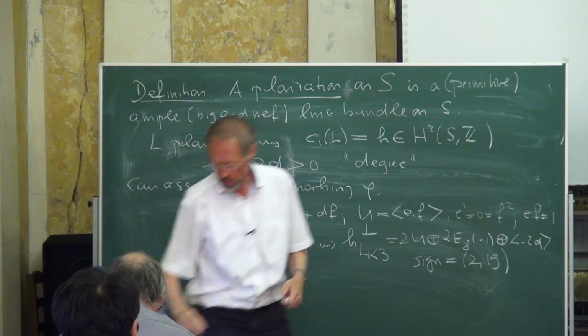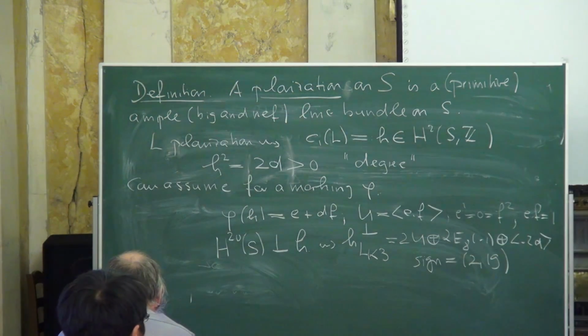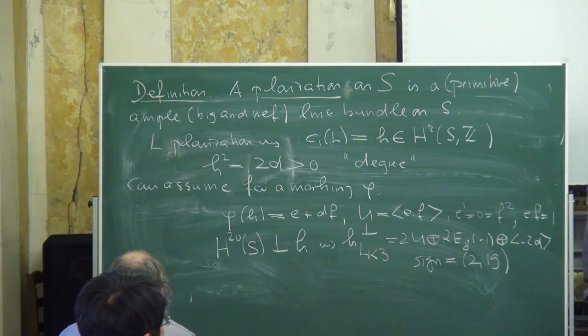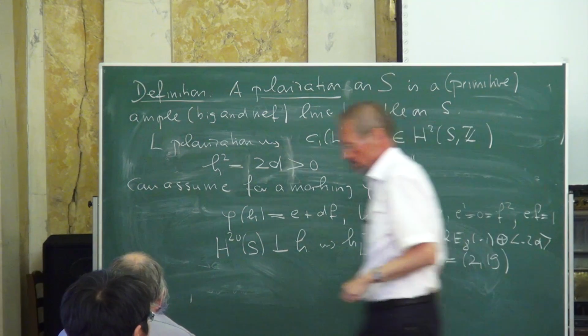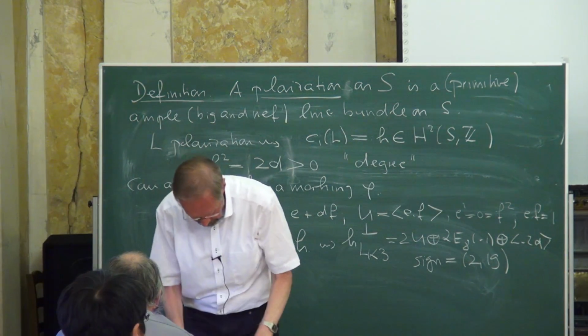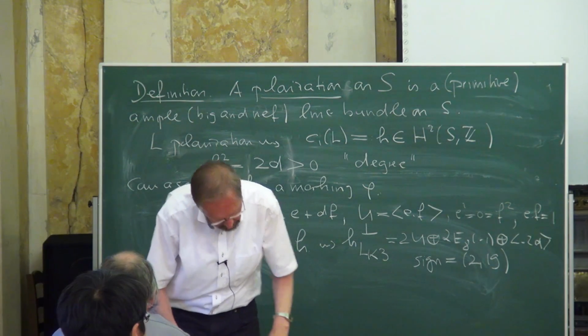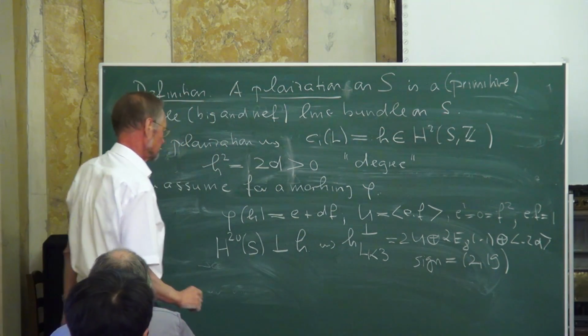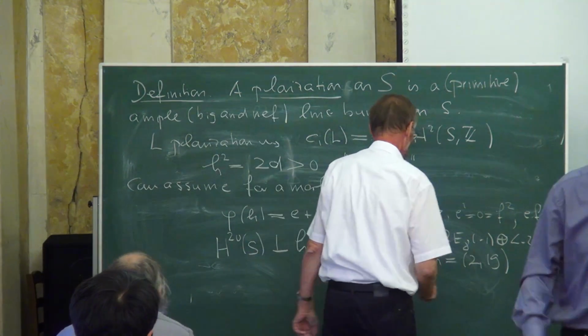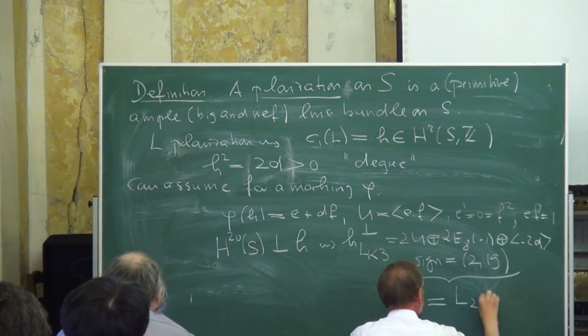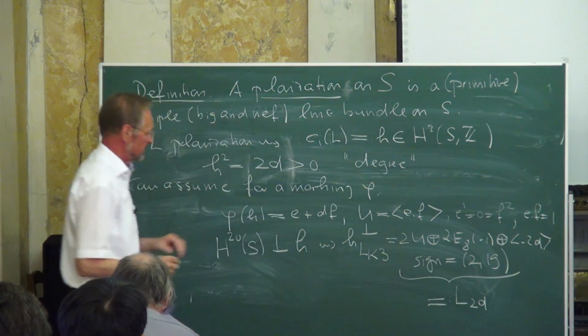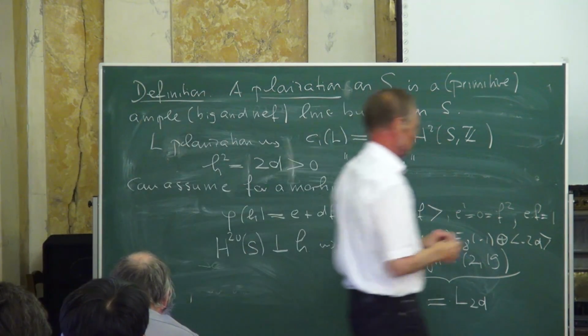And let me call this lattice here L_2d. Yeah, this is this (2,19), this 19-dimensional domain.